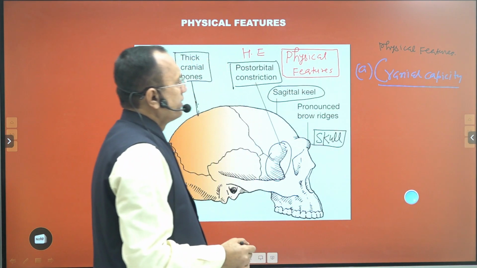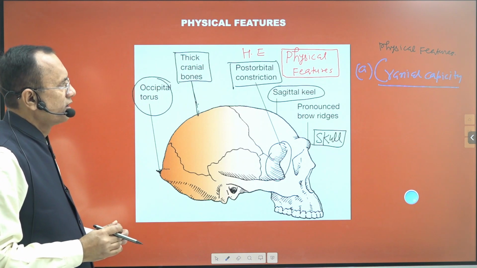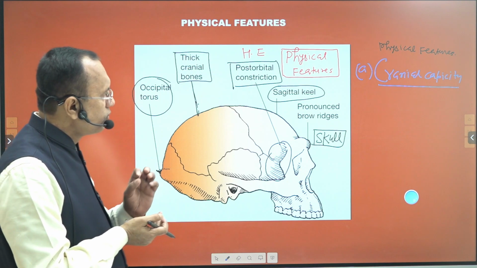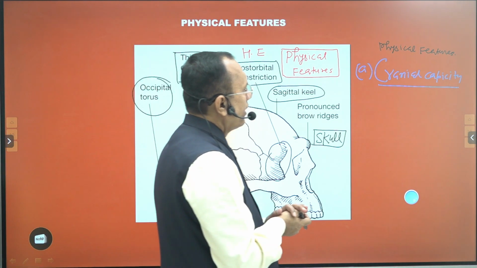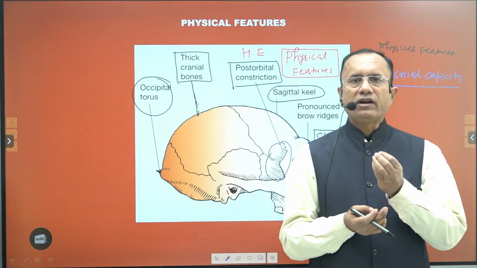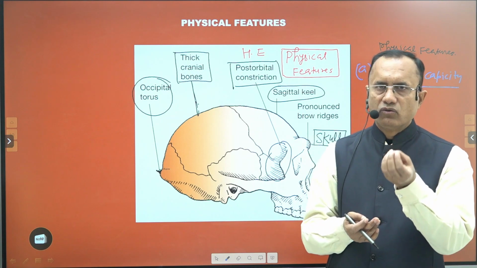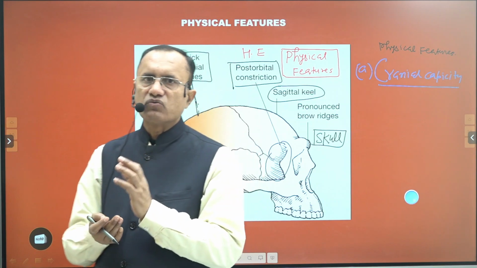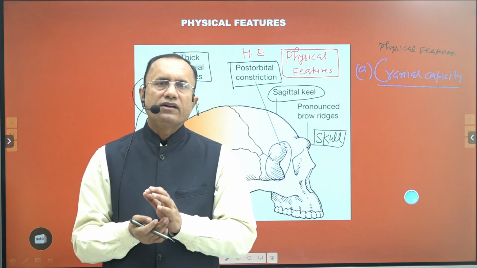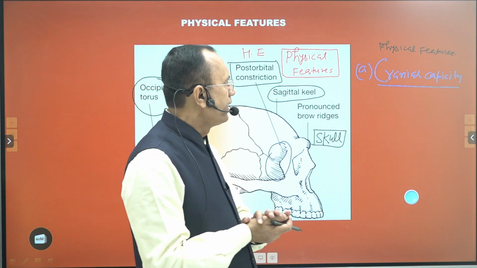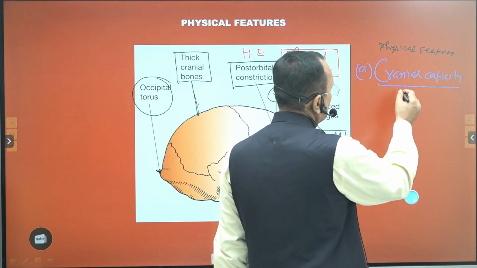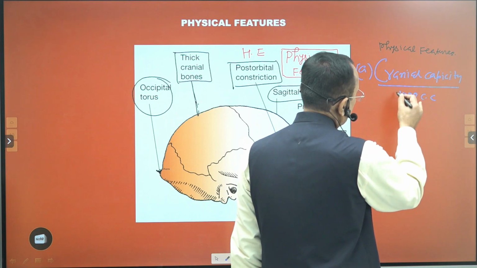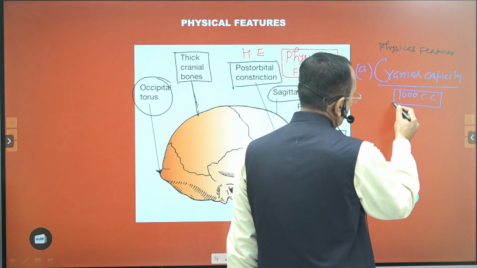And if we try to study the cranial capacity of Homo erectus and make a comparison with Homo habilis, the cranial capacity of Homo erectus was greater than Homo habilis, and approximately that was 1000 cc, right?